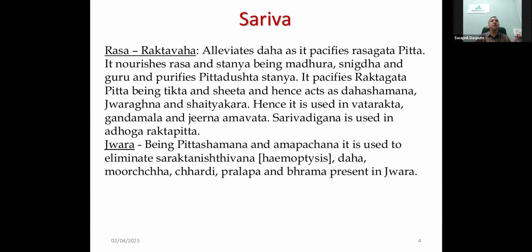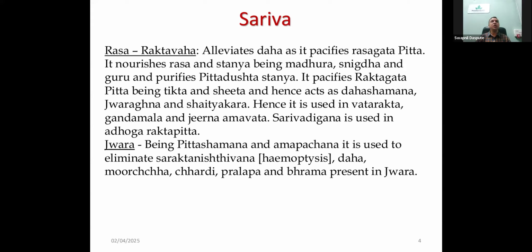Shaityakara: Shaitya is cold, a feeling of cold. Daha Prashamana and Shaityakara are almost similar words. It gives a feeling of cool, not that the patient will start feeling cold, but the burning sensation, Daha, in the body will reduce. That is Shaityakara. You can call it a cooling agent.